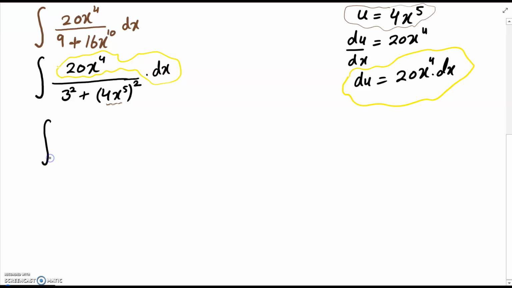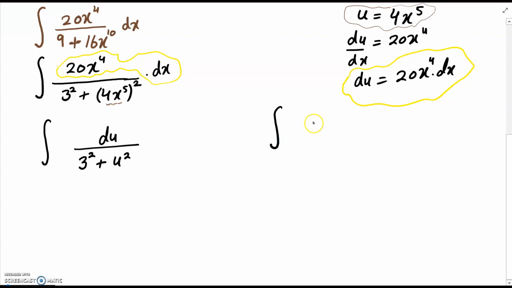Integration, now the top will change into du over 3 squared, let's keep it the same because it's a constant, plus this will change into u squared. Okay, now if you see the integration rule, you will find a rule for this one. I'm going to write the rule here first so you can understand.